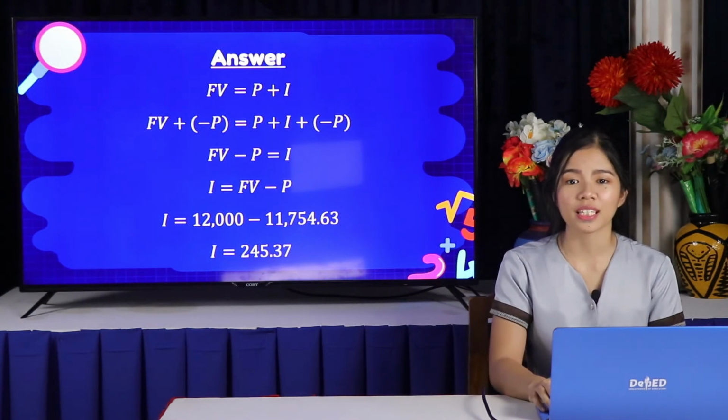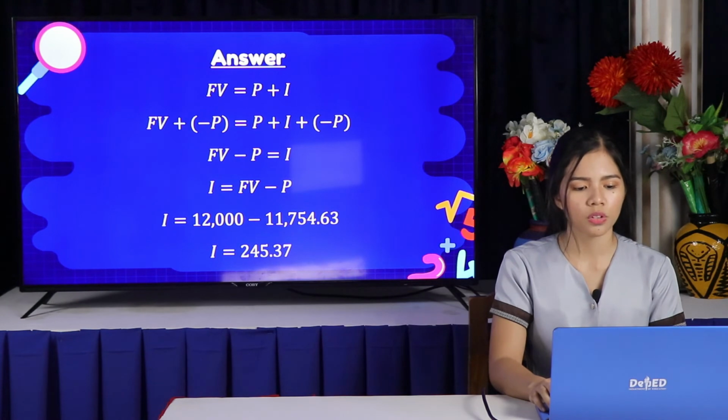There's another method in calculating the interest. Recall that the future value formula is given as FV is equal to P plus I. By adding negative P on both sides of the equation, we have I is equal to FV minus P. Based on our problem, we have 12,000 as our FV and P is estimated to be equal to 11,754.63 pesos.